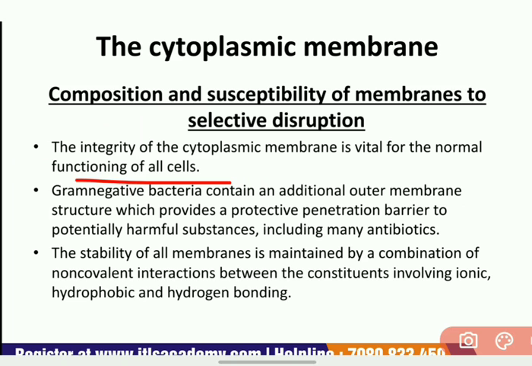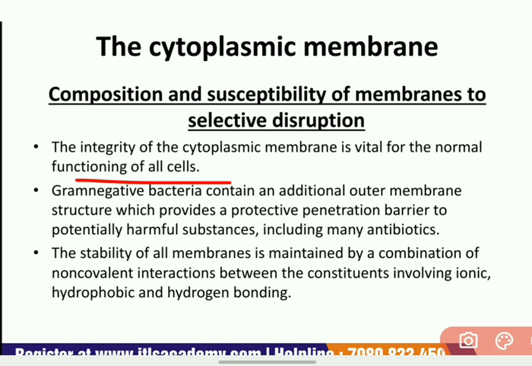As we know, bacterial membranes do not contain sterols, and in this respect these bacterial membranes differ from membranes of fungi and mammalian cells.